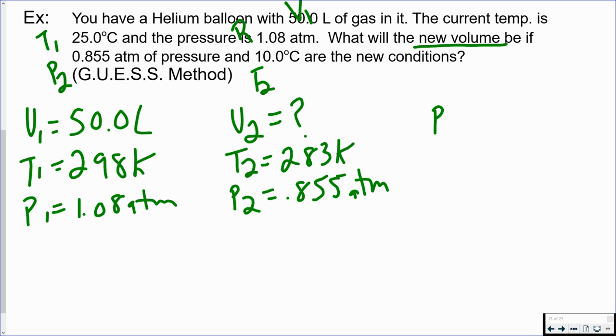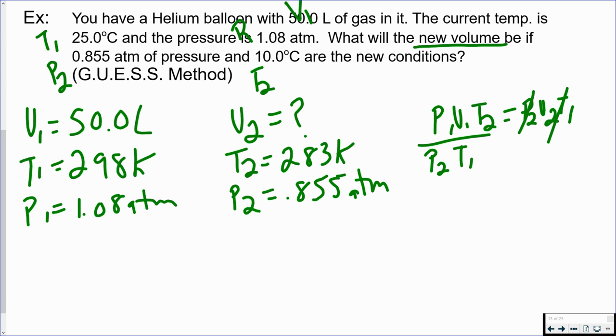So rearrange the equation in order to solve for your unknown, V2. Since we're solving for V2, divide by P2 and T1. Plug it in.